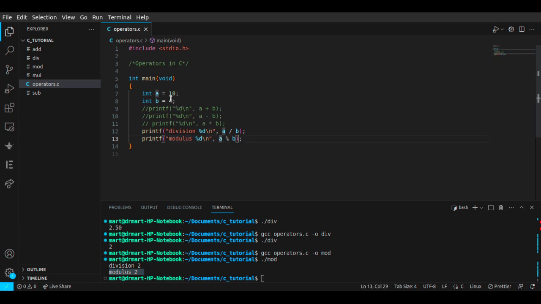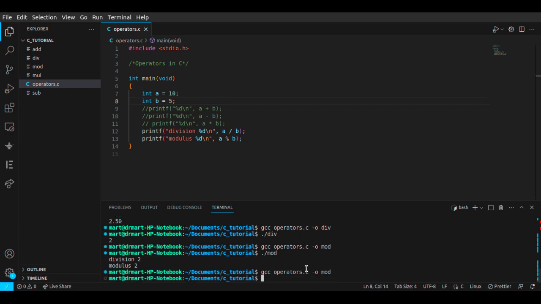Okay, so let's do something. Let's put this back at 5. So we expect that 10 is divisible by 5, right? So 5, 5, so that's 2, and then there will be no remainder. Let's see what the value of the modulus would be. I need you to guess what the value would be. Think about it, and let's check.